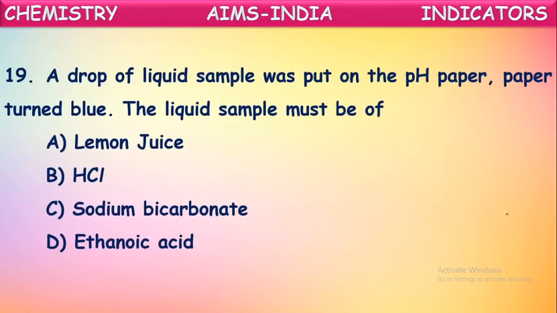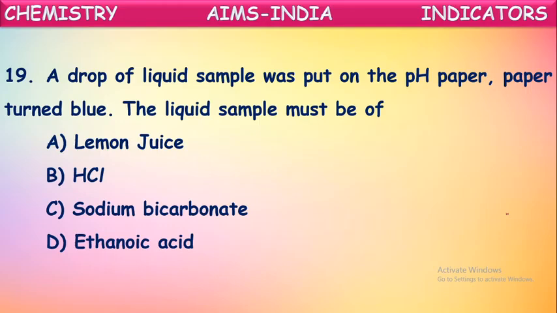Next, a drop of liquid sample was put on the pH paper. Then the paper turned blue. Then the liquid sample must be of what kind? See the color change given here. The pH paper turned blue.